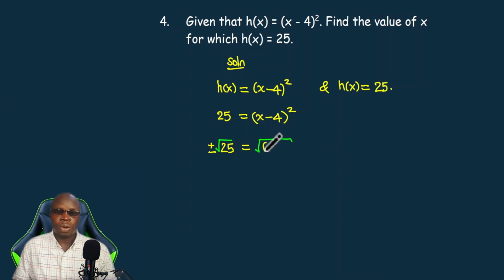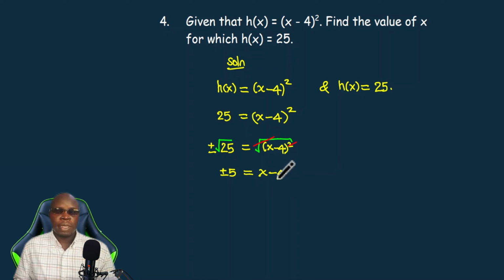Let's just simply copy our x minus 4. So this square will go with the square root, and the square root of 25 is 5. So we have both positive and negative 5 equivalent to x minus 4.